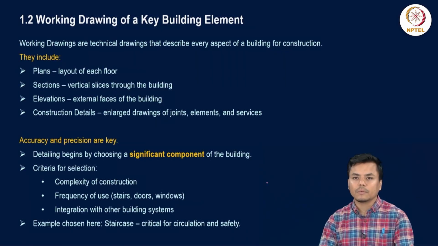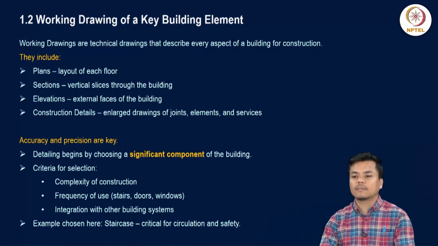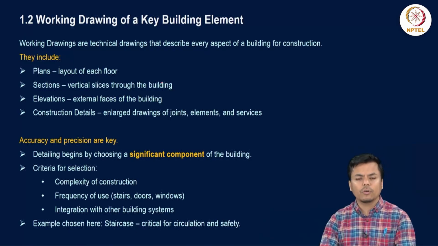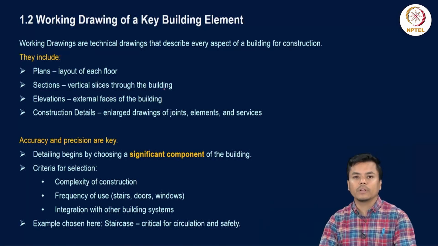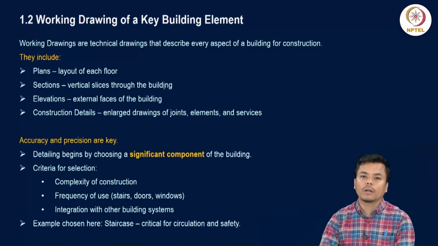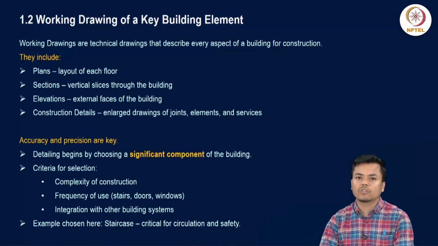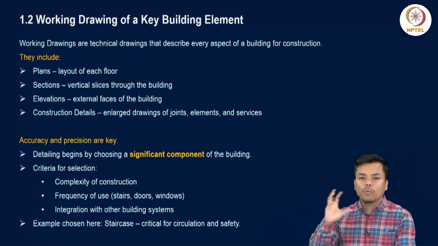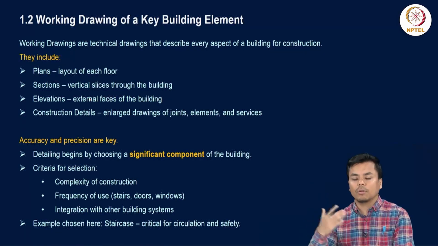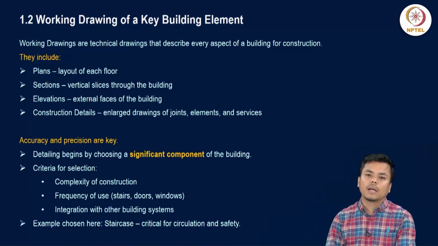So working drawings are technical drawings that describe every aspect of a building for construction. They include plans, that is, the layout of each floor. If you are selecting a floor, or if it is a roof, then the plan of the entire roof. Then you showcase the section, with vertical slices through the building, and do the detailing as you have done for your working drawing assignments. Then for the elevation, you can showcase the detail if there is any specific molding or carving or any specific material being used in your exterior facade.